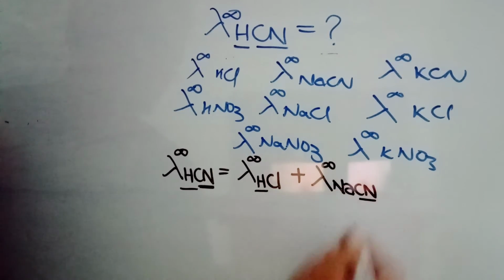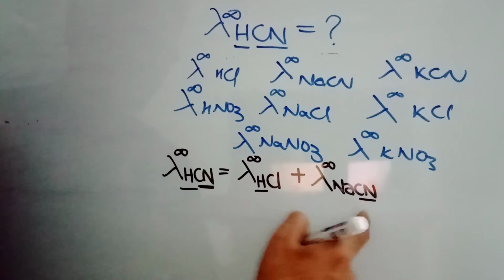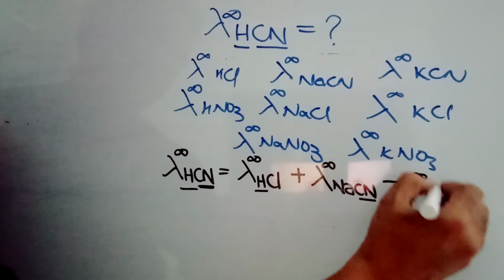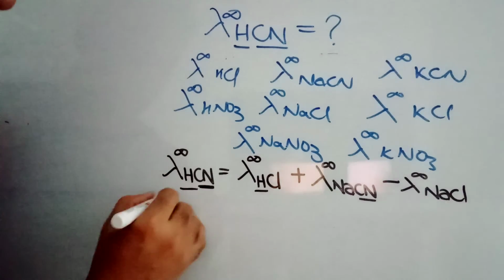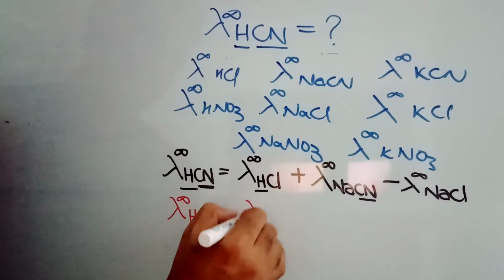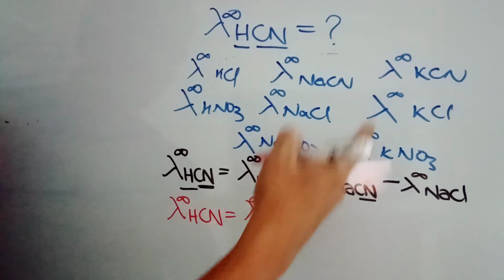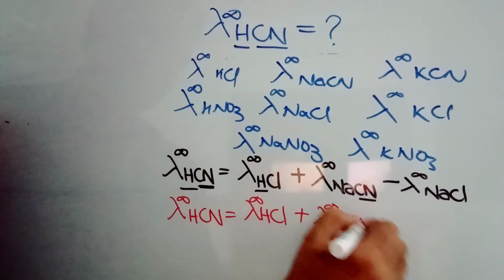HCN you got. Extra is NaCl, so subtract lambda infinity of NaCl. Otherwise, you can calculate lambda infinity of HCN by taking lambda infinity of HCl plus, instead of NaCN, lambda infinity of KCN.